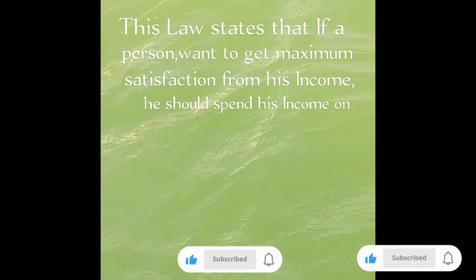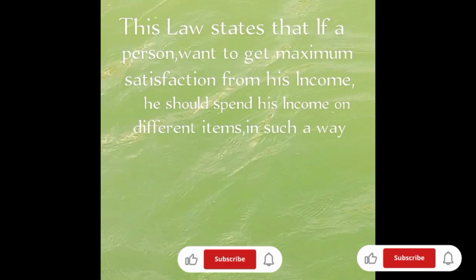This law was first of all presented by the French economist Gossen. Gossen is also a classical economist who presented this law.